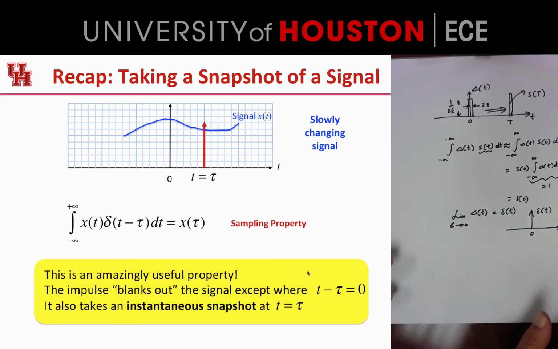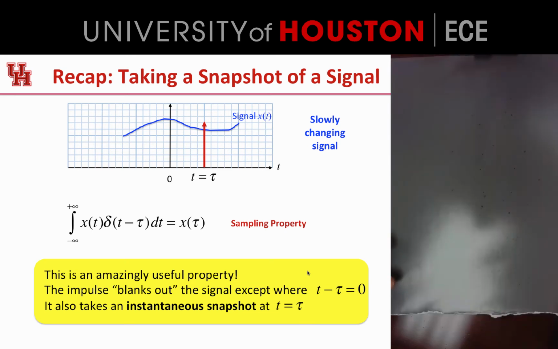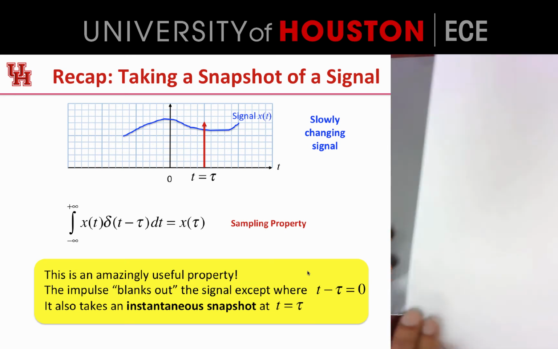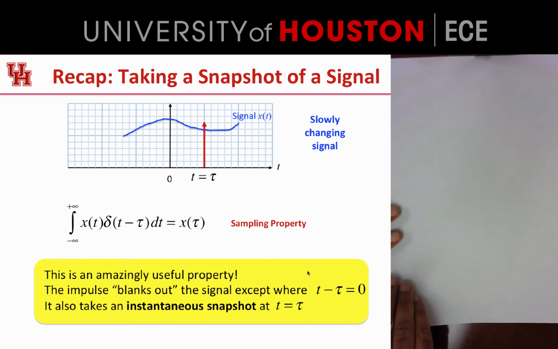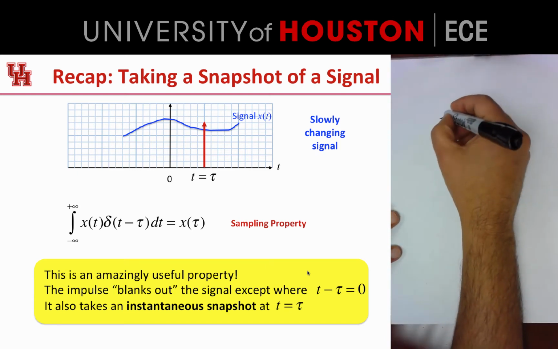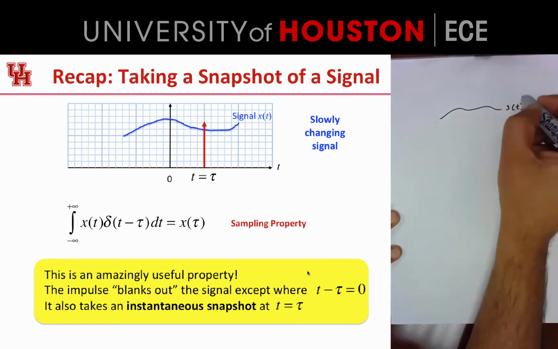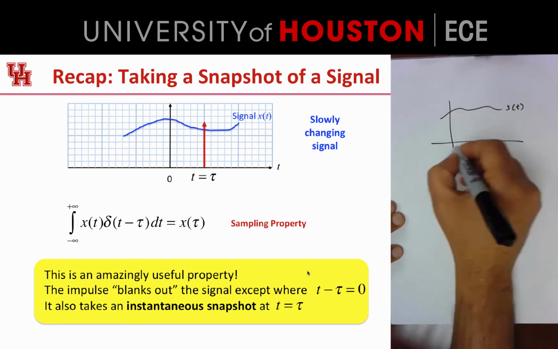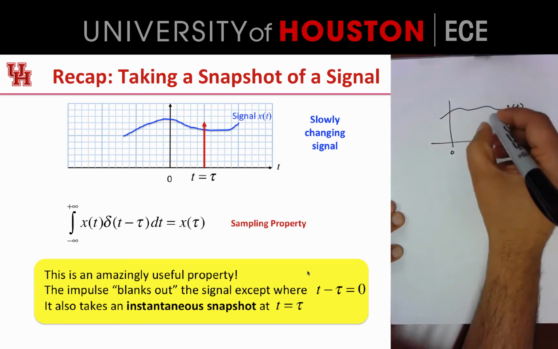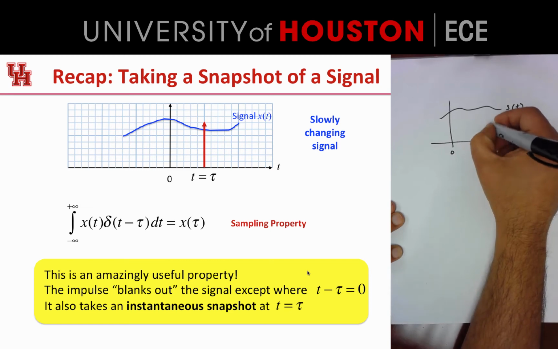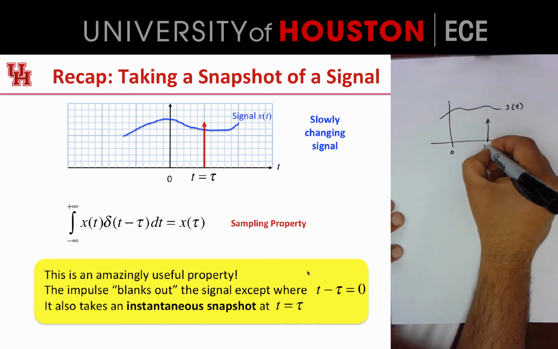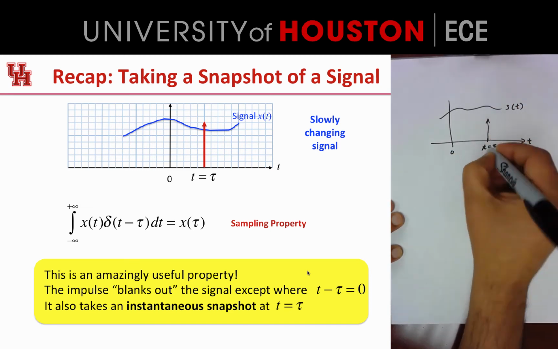Now, let me sketch this all over again. Suppose I have a signal s of t, and this is my origin, this is time t, and suppose I were to take an impulse at t equals tau. I'm just picking a number tau.